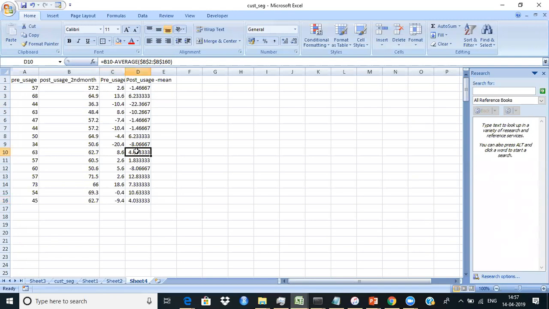Yes? Okay. If this is true, I can generalize this: if two variables are positively correlated, then the product of these two things will always be positive, right? Either both are negative or both are positive, so their product is always positive.